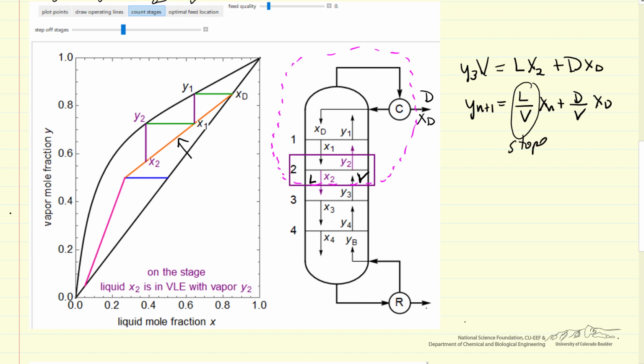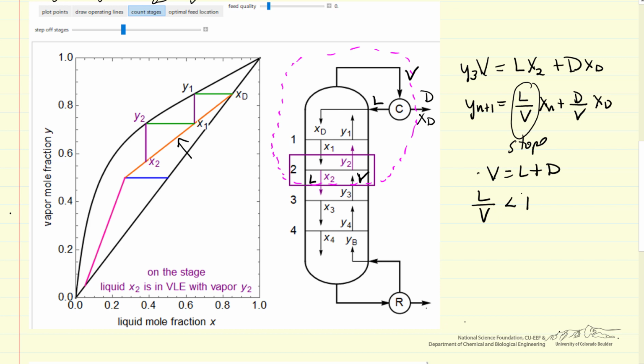Let's label these again. The vapor V is L plus D, which means L over V is less than 1, so the slope is less than 1 there. This mass balance applies to the upper part of the column, and so we have to satisfy that at these points.